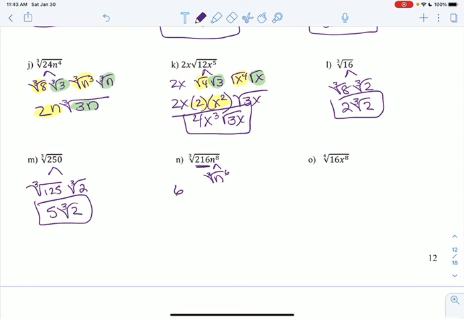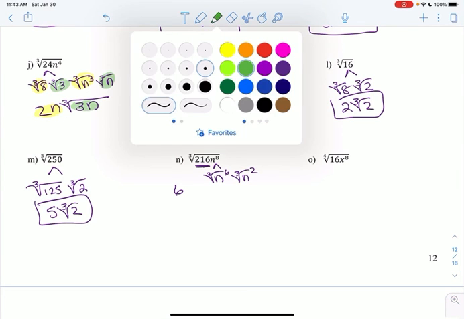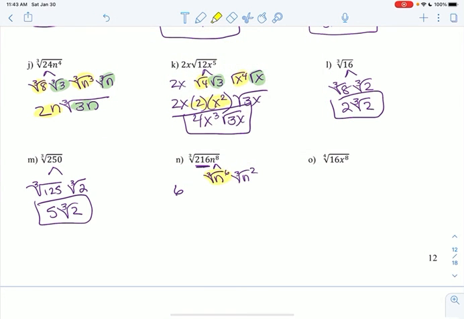So the highest number I can pull out is 6, and then I will have n squared. So this is going to get simplified. The cubed root of n to the 6th gets simplified, and it is just n squared. And then the cubed root of n squared will stay. So it's 6n squared, cubed root of n squared.